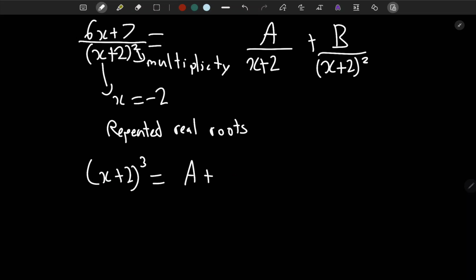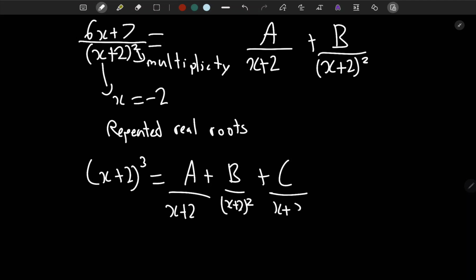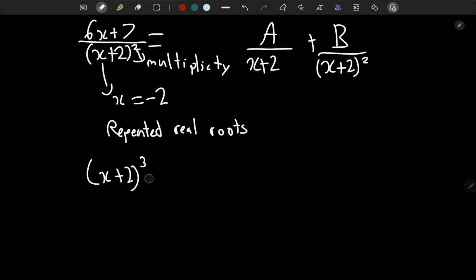So a plus b plus c, and the denominator for a would be x plus 2, b would be x plus 2 squared, and c would be x plus 2 cubed. And this is called the repeated real roots. So that's it for this one. And now we normally just solve it as we were solving before.